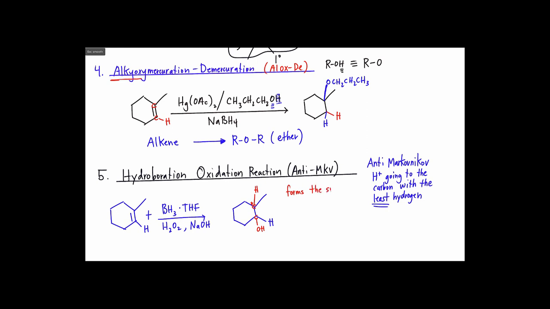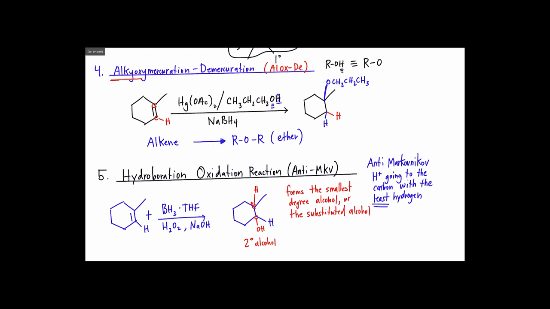Okay? So this forms the smallest, and this is not the correct term, the smallest degree alcohol. Okay, so another way of saying that, the least substituted alcohol. See, this product is a secondary alcohol.